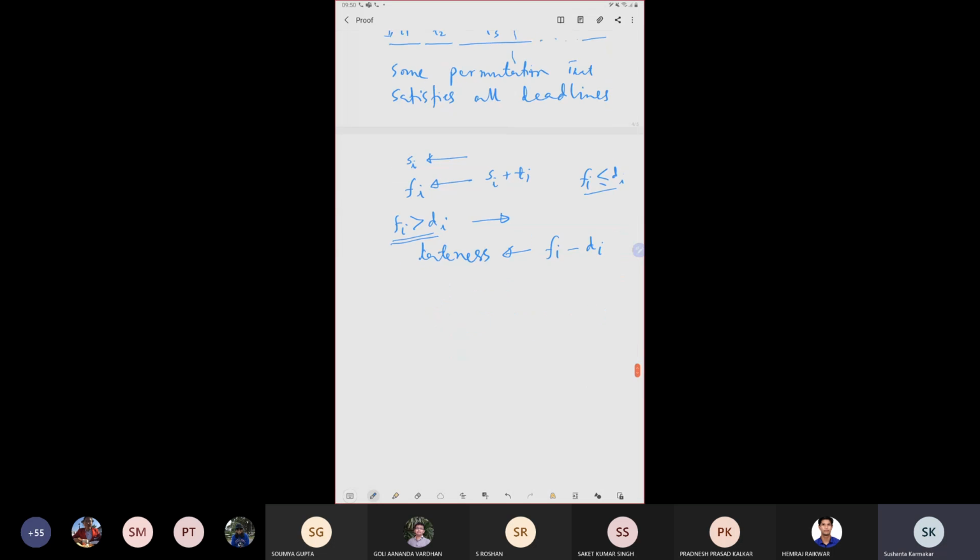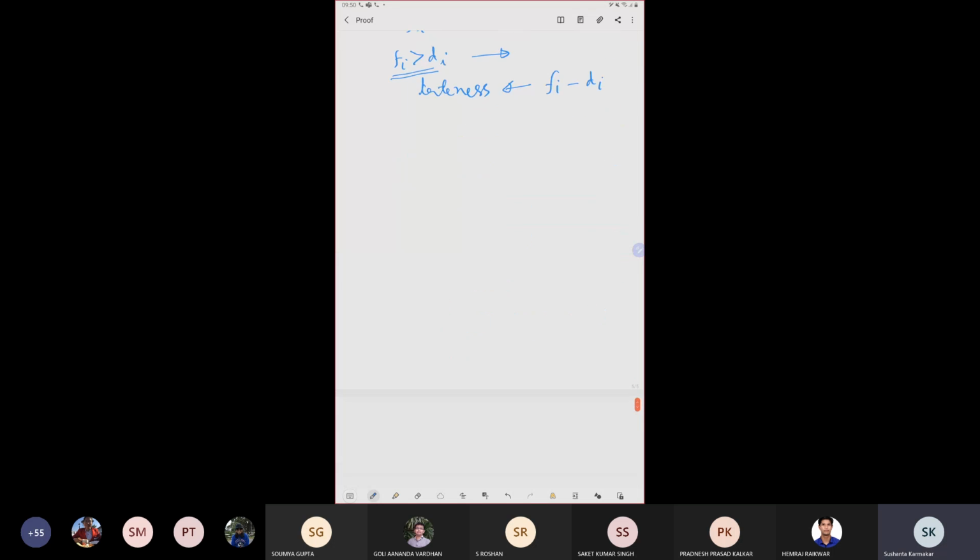So how the consideration is now, I should schedule all the intervals in such a way that there may be several objective functions. One is mean average lateness.